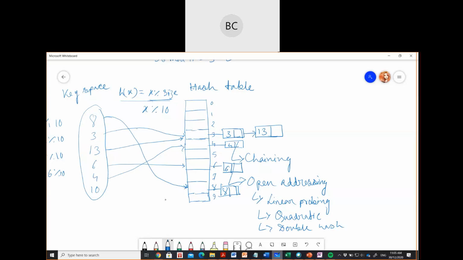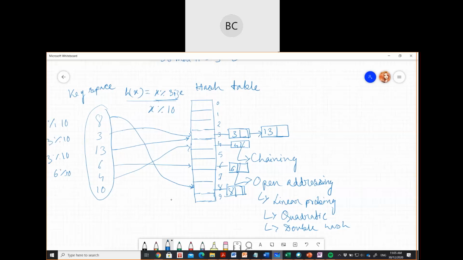Now what is open addressing? In open addressing, we will not use any linked list. We are going to store the values in the hash table itself. Again, coming to this portion, the first value was 8, so I'm keeping 8 here.